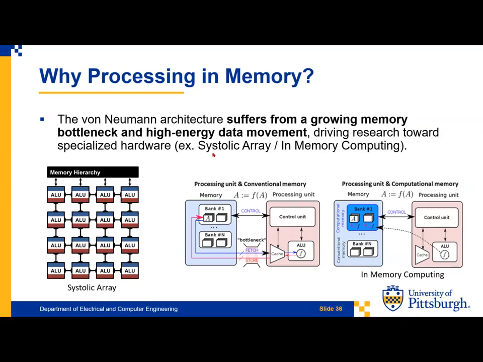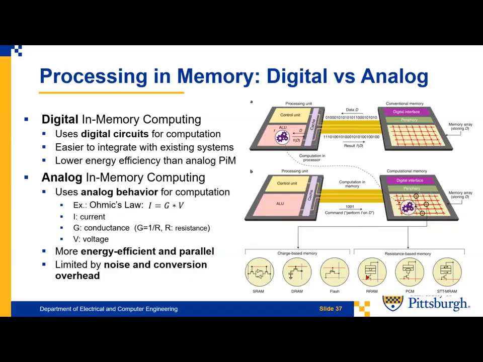So some research tries to design specialized hardware. In the previous class, we introduced the systolic array, and in this class we will discuss in-memory computing, the processing in memory, which has a digital implementation and an analog implementation.